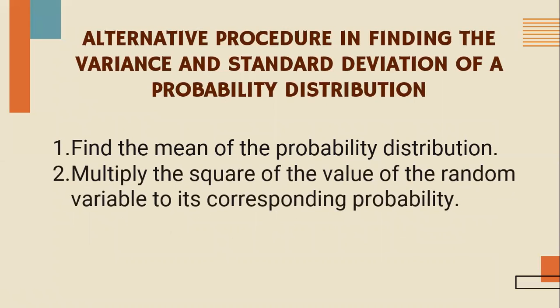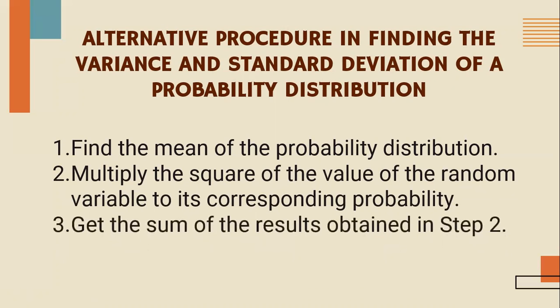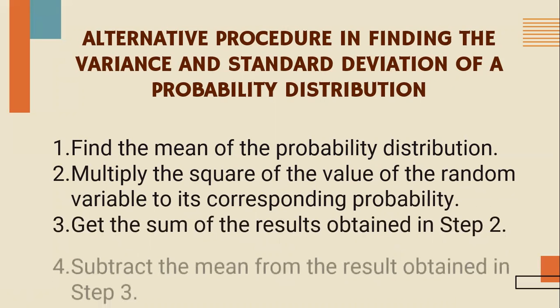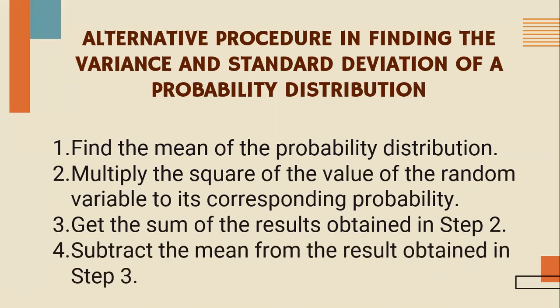And then we will multiply the square of the value of the random variable to its corresponding probability. And then we will get the sum of the results obtained in step 2. In step 4, subtract the mean from the result obtained in step 3. So that is now the variance. And then for the standard deviation, we will just get the square root of the variance.